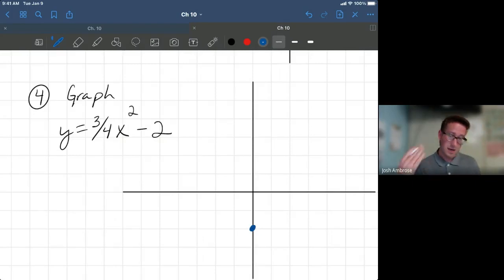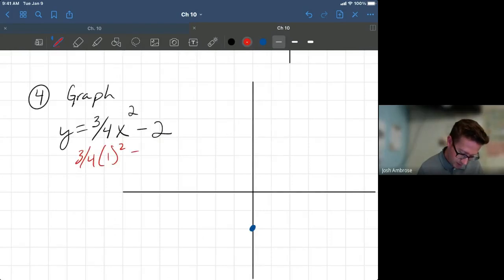Okay, now let's save ourselves some more time. Let's just plug in 1 and work this out. So if we plug in 3/4 multiplied by 1 squared minus 2, then we're looking at 1 squared is 1. 1 times 3/4 is 3/4.